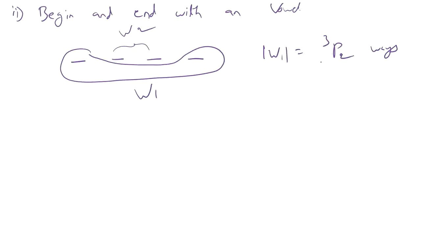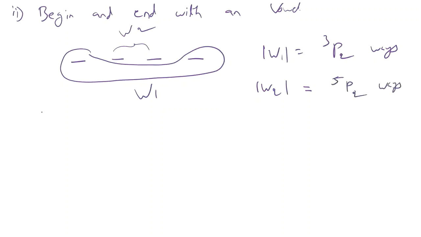After completing W1, W2 can be done in, once we fill the first and last place with a vowel, we will be left with one more vowel and 4 consonants. Therefore, the number of letters left is 5, and we have to fill these 2 places. Therefore, W2 can be performed in 5P2 ways.